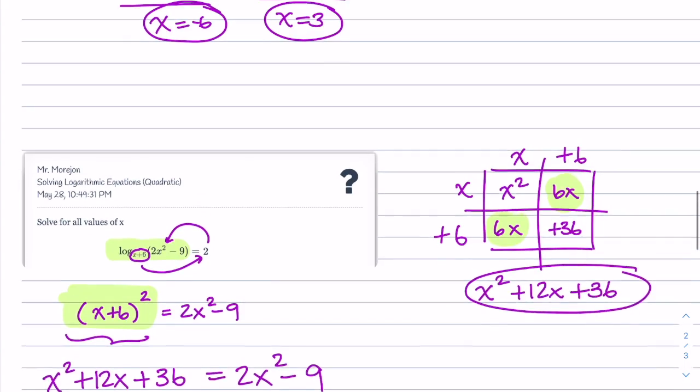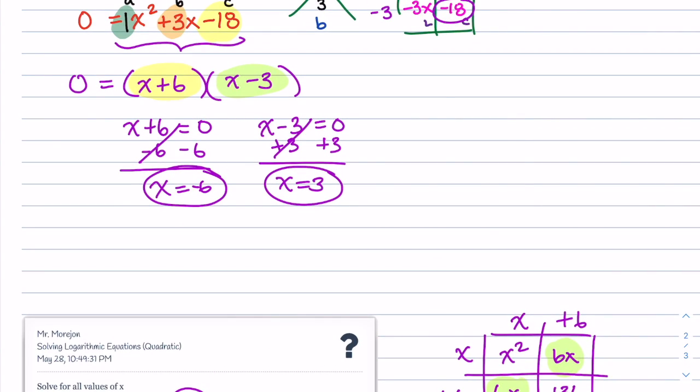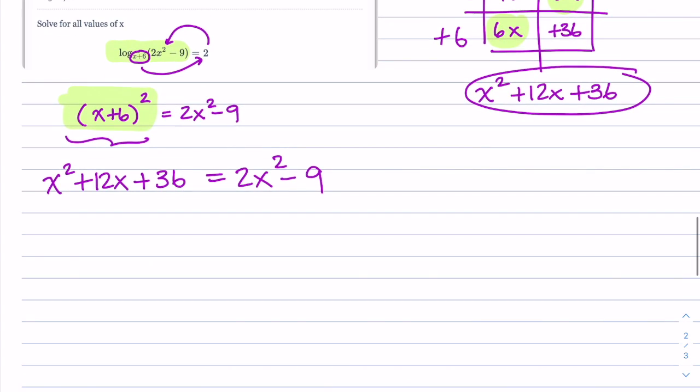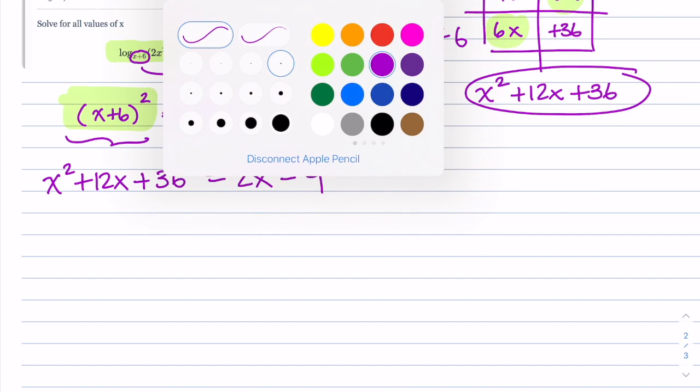So again, just like we set up here, whenever we're getting ready to factor a quadratic, we always would like one side to be 0. In our case right now, we have a really long trinomial, and a not much smaller binomial. It really doesn't matter which way you go. I'm probably going to suggest that you do whatever makes the most sense to you.